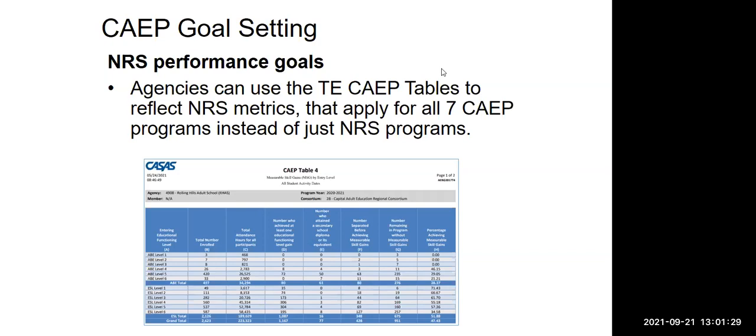The other is, of course, we've got 2 different systems. Some of you are reporting in TE. Some of you are reporting in MIS. Sometimes that's a never the twain shall meet issue. So there's also a necessity here at the state level to make sure you can set goals using both systems.